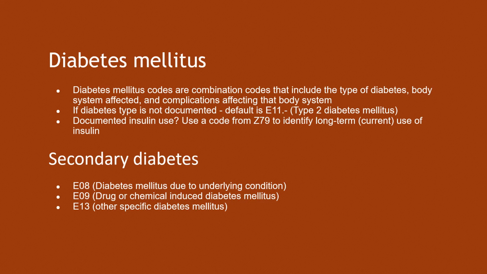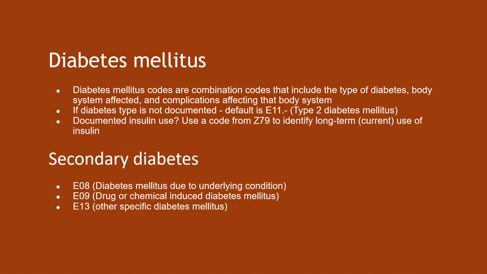As many codes within a particular category as are necessary to describe all complications of the disease may be used at one time. If the type of diabetes is not documented, we default to type 2 diabetes, code E11. When insulin use is documented, then we use a code from Z79, which indicates long-term or current use of insulin.